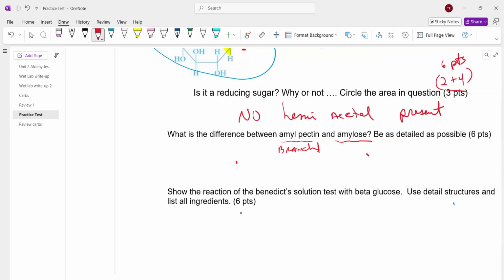Amylose is not branched. Okay, so this is amylopectin.